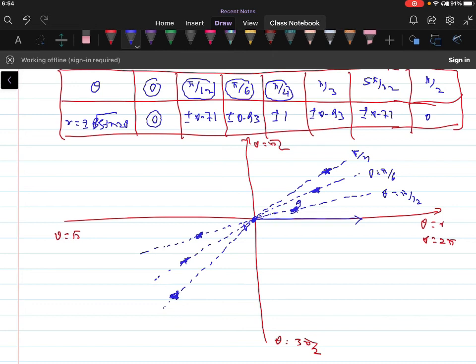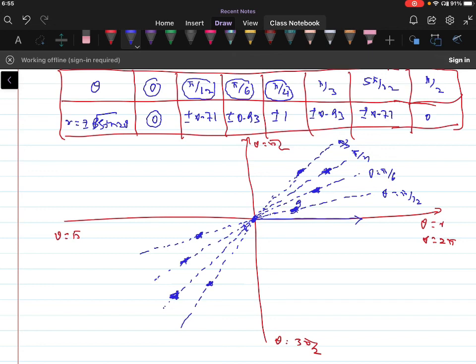When theta is equal to pi by 3, again 60 degrees, it makes an angle of pi by 3 with the initial line. So the radius will be plus 0.93 and minus 0.93. For the image of this point, just extend the line. Take a negative radius here, so minus 0.93.